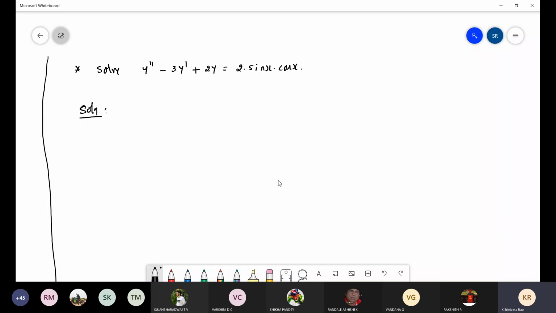So for that, what can you do? The RHS is not in the standard form, especially for this problem, because a product of two trigonometric functions is not allowed. Either it should be a plus or minus, or it should be a different formula.